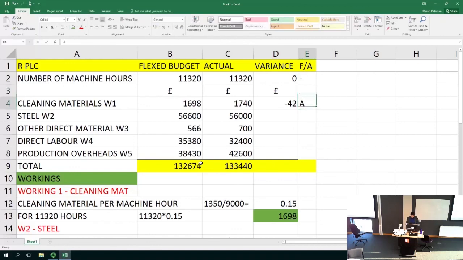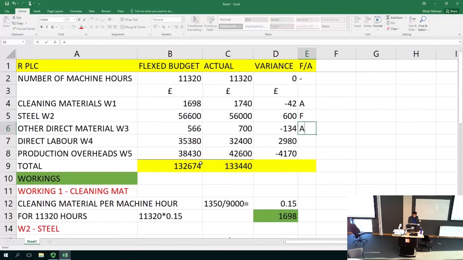Adverse. Spent less money than we were allowed to, so that's a good thing, favorable.